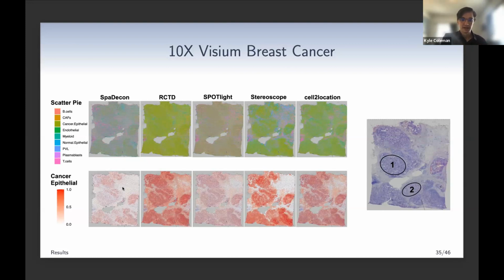There are also two main differences between SpaDecon and stereoscope, where stereoscope predicted very high proportions of cancer epithelial cells, where SpaDecon did not. And those are labeled as 1 and 2 on the histology image on the right. When looking at this image in a bit more detail, it's clear that the histology image shows differences in morphology among the cells in these regions 1 and 2 compared to the tumor regions in the tissue section.